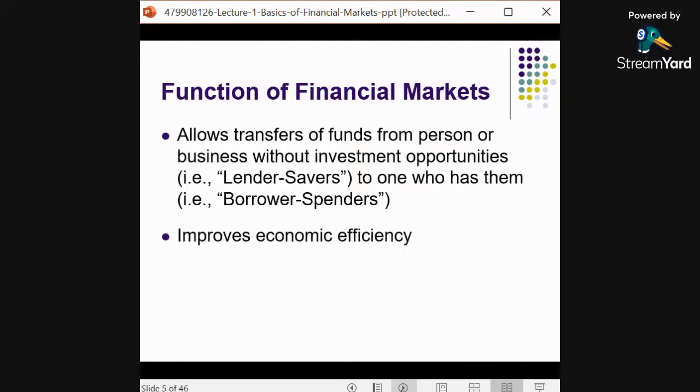Kasi without banks or financial markets or financial intermediaries or institutions, we are not going to operate as a society. Bakit? Kasi, for example, let's say si Mr. Henry C. lang yung nakakaipon ng pera. And at the same time, he wants to invest it with other people. So without these financial markets, hindi niya malalaman kung sino yung nangangailangan ng money na pwede niyang magamit as an investment or mag-expand siya ng negosyo, di ba?